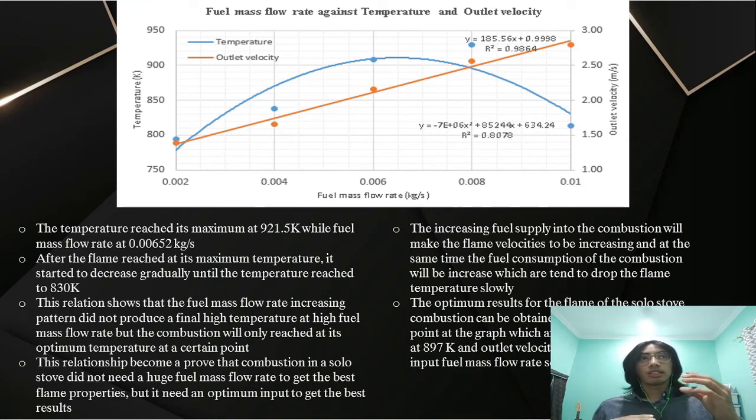In terms of outlet velocity, I have learned that as the fuel mass flow rate increases, the outlet velocity also increases. Even though I put in more fuel into the system, the velocity increases until the end, but the temperature decreases.